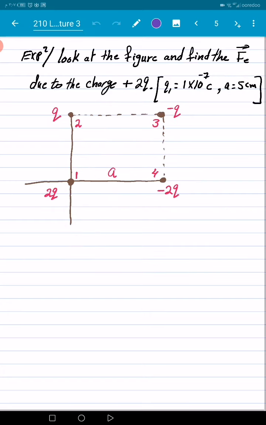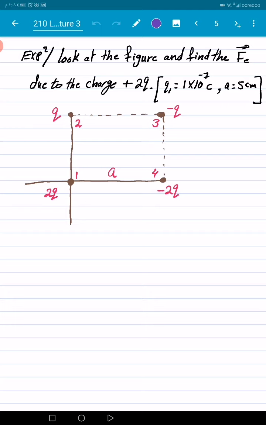Then example 2, and it is a very important example because we need some mathematical way. As seen in the figure, there are 4 charges located in the corners of the square, as shown in the figure.